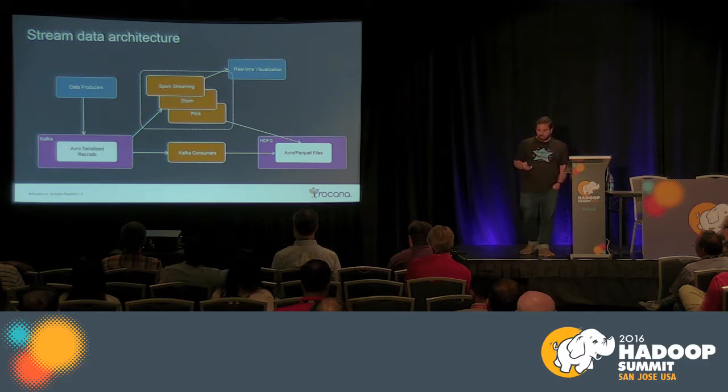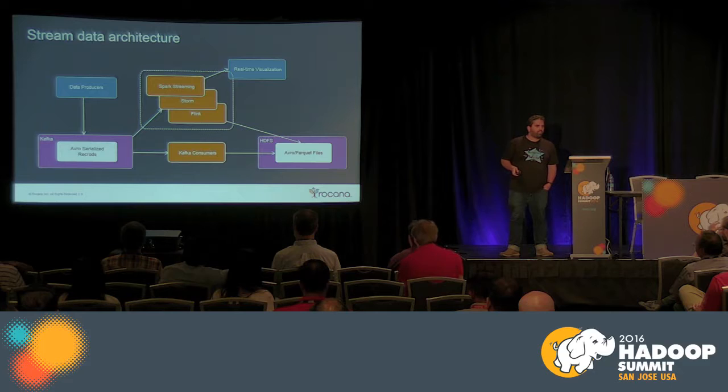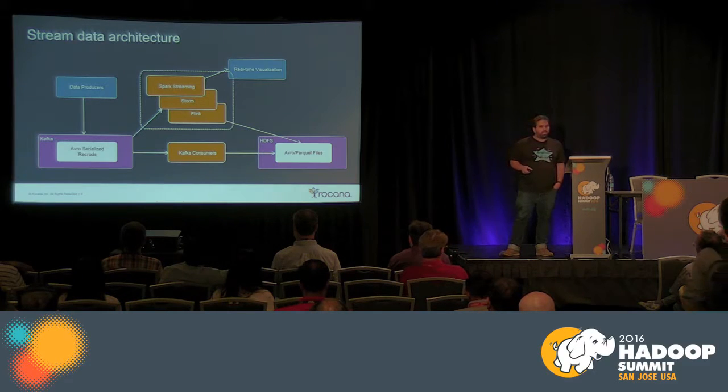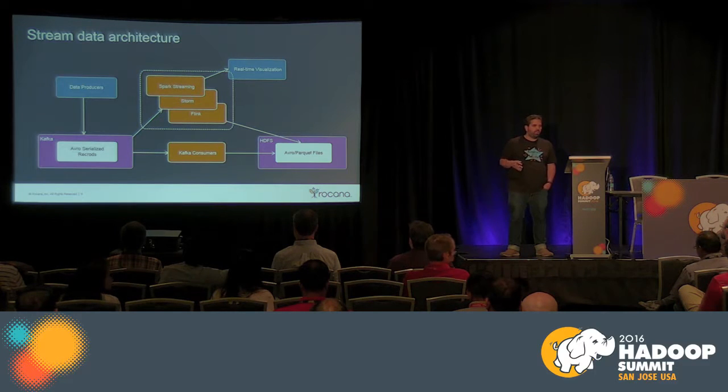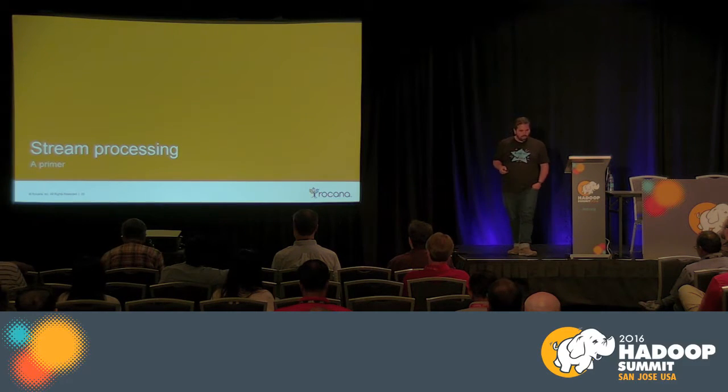So I'm going to focus a little bit more on the stream aspects of this, specifically the stream processing frameworks that folks frequently use, and some of the different phases of stream processing and what that means to people that are building analytical solutions on top of this kind of an architecture. This is going to be a really, really quick overview.